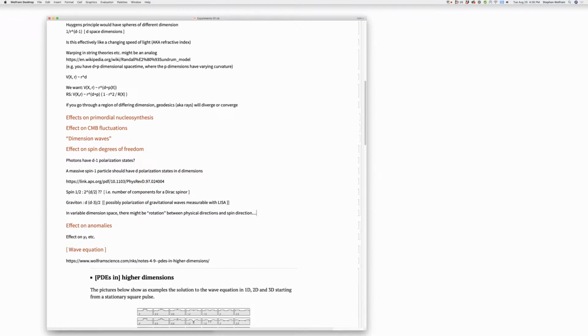So, for example, some kind of precession or some other weird thing. Give or take. Yeah. Some form of dimensional precession.